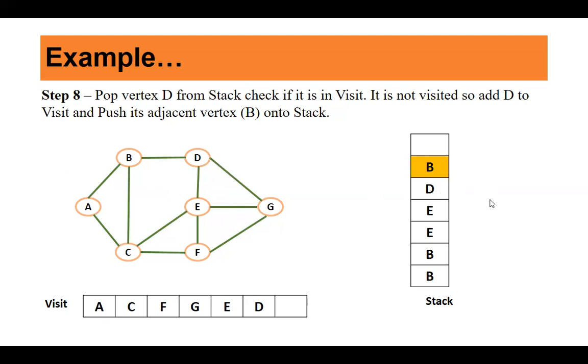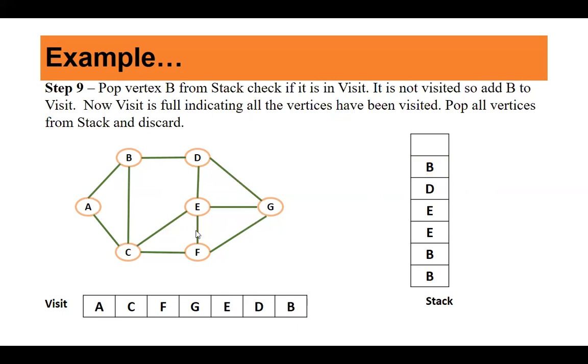Now the stack will start emptying, right? And you get the traversal. No more nodes are pushed onto the stack as your visit is full. Now start popping out vertices from the stack and make the stack empty.